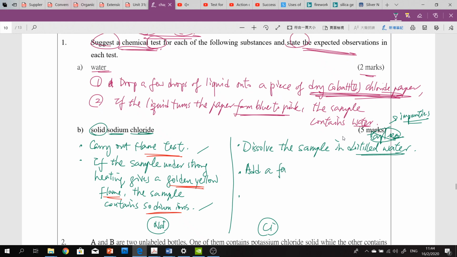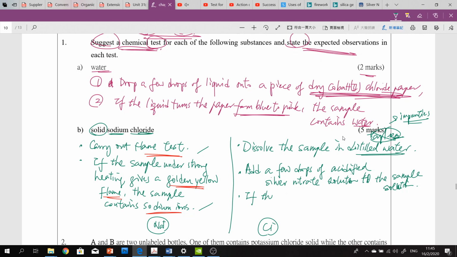Second, you are going to add a few drops of acidified silver nitrate solution to the sample solution to be tested. So you are going to look for what? The observation, right?